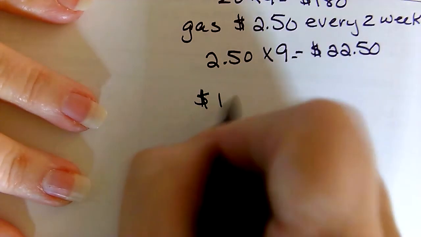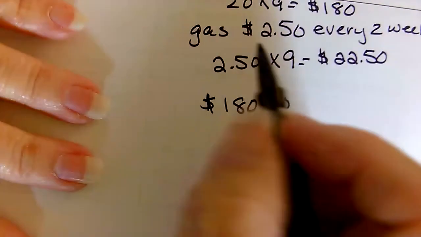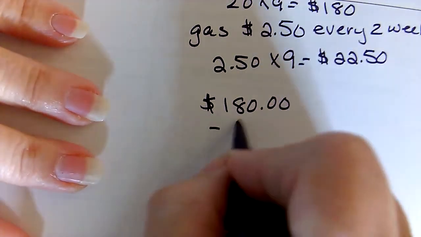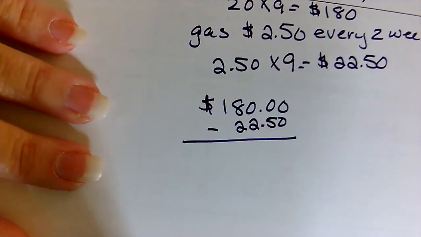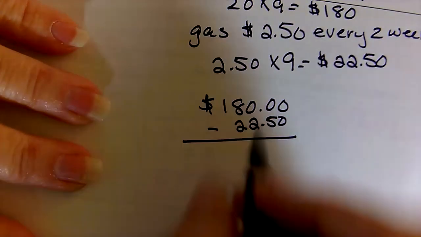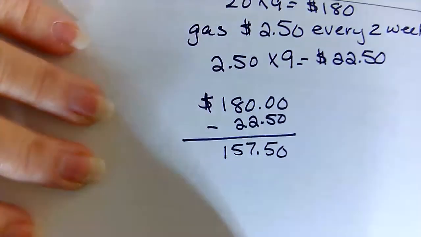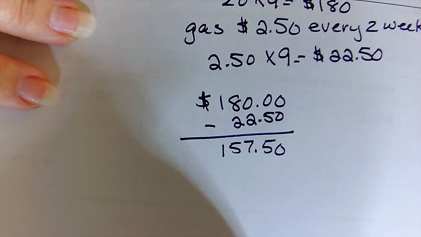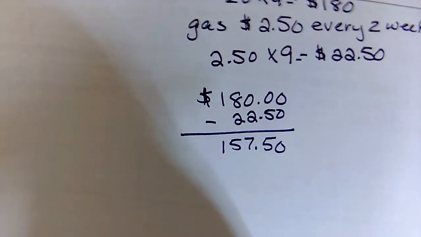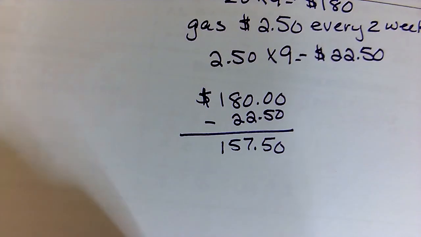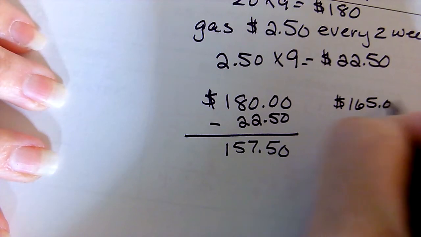So he made $180, right? And he spent $22.50. And when you do all that subtraction, it's $157.50. The new lawnmower costs $165.